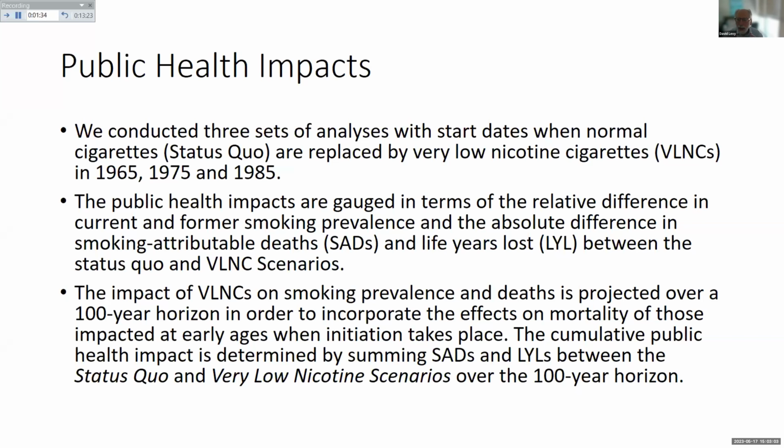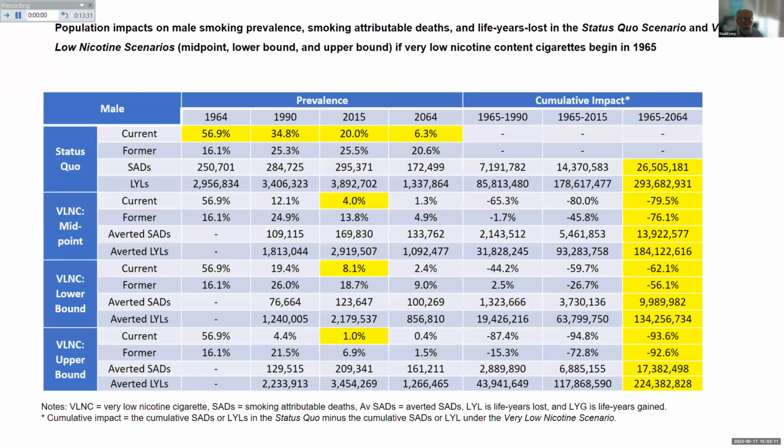And we then sum up the impacts by year to get the cumulative public health impacts. So first, I'm going to show you the results when a nicotine standard is implemented in 1965.